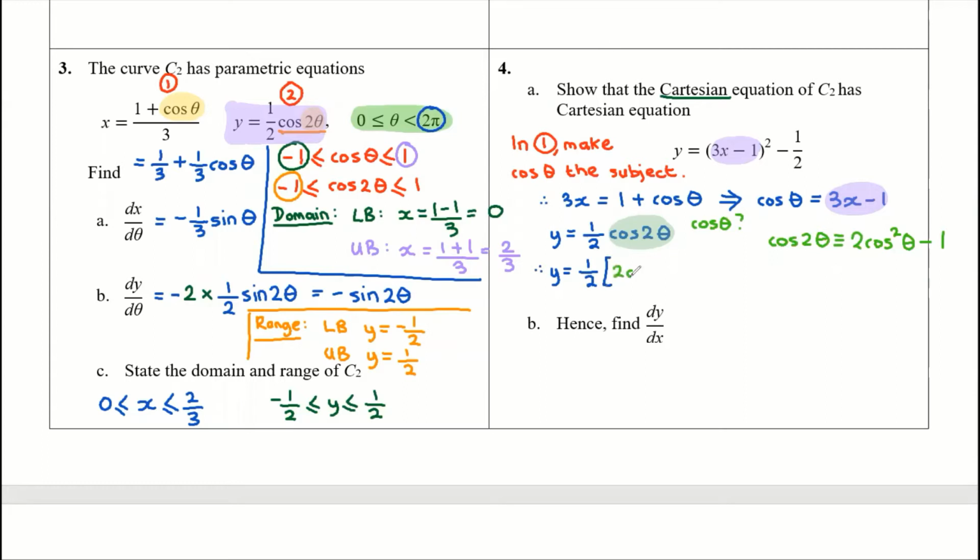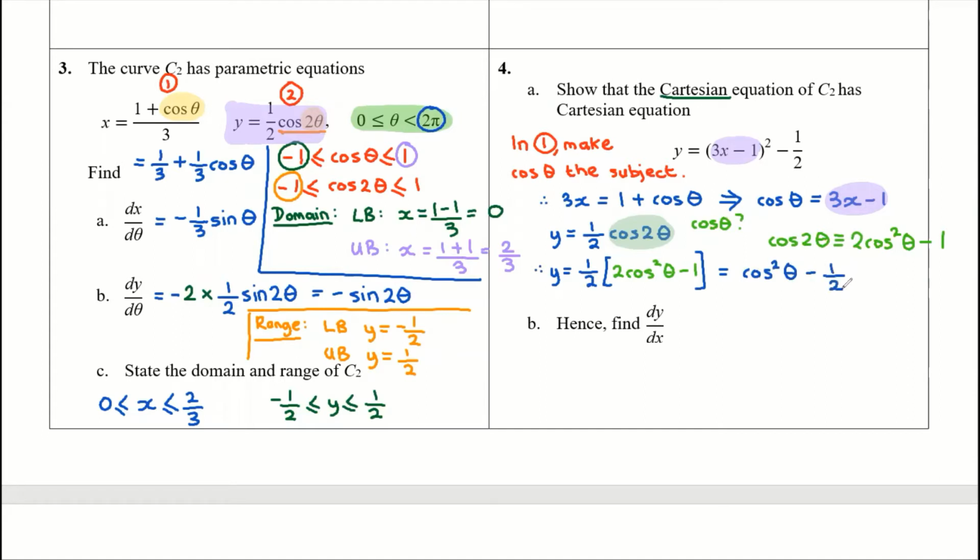So it's 2 cos squared theta subtract 1, and we'll put that inside blue brackets as well. Now, if you notice, the half and the 2 will cancel. So this is just going to be cos squared theta subtract 1/2.